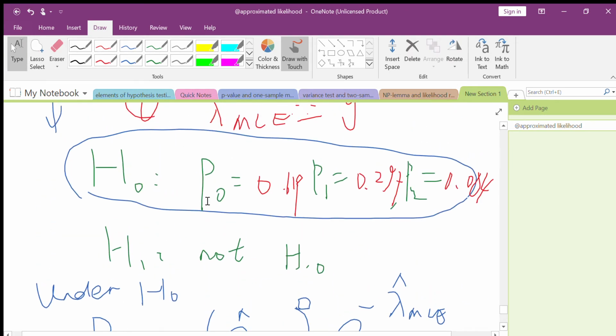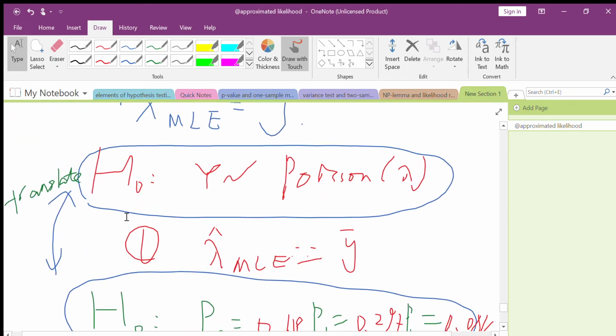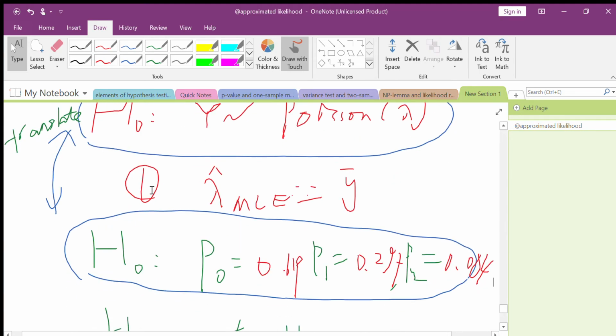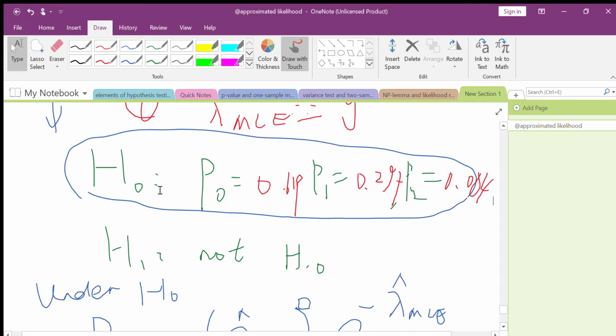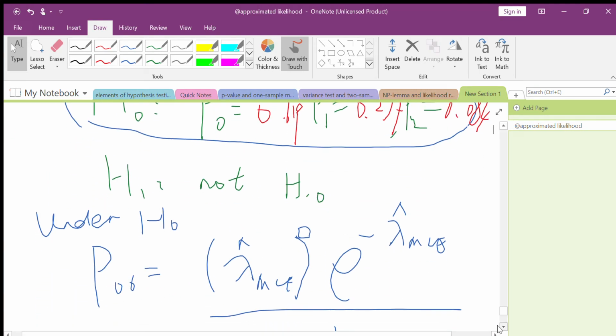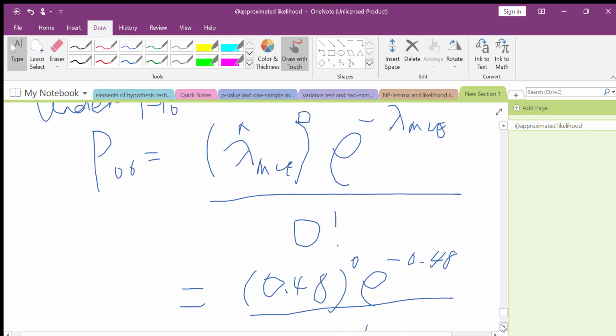So we have successfully translated our goodness of fit hypothesis to the chi-square test hypothesis. Then we can apply the chi-square test statistic.